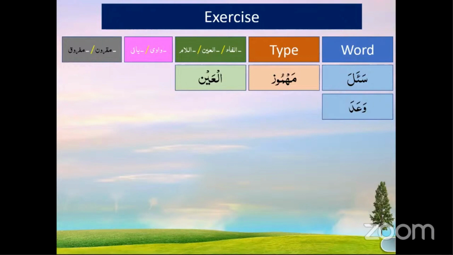Mu'tal, right? Now tell me, for wa'ada, what position is wow there? Wow is fa kalima. So when you have a weak letter in the fa kalima, what is the name of it? Mithal. Yes. Mithal wawi. So you see, it says mithal wawi.